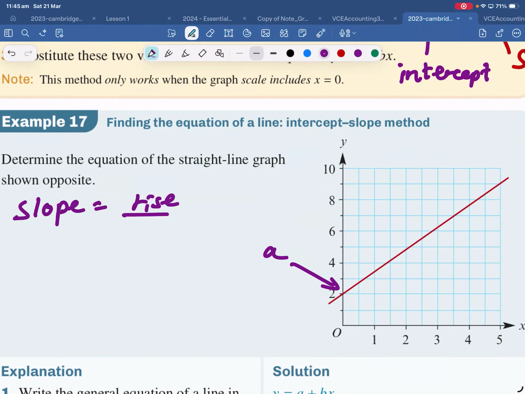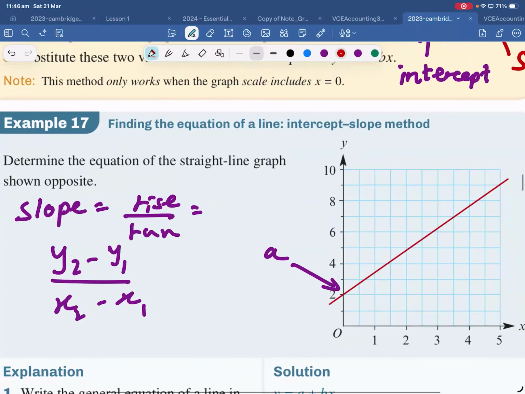How do we do the rise over run? y2 minus y1 over x2 minus x1. So for this one, we have to figure out two coordinates, for the y2 and y1. Let's say this is coordinate 1.